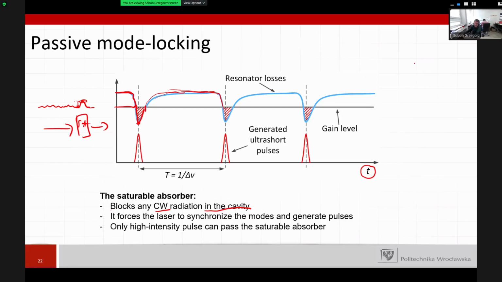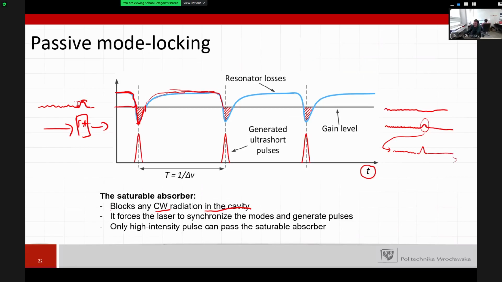And this process is starting from noise, as I said. So at the beginning, we have noise in our laser because we have just spontaneous emission. But it might happen that there are some spontaneously generated peaks in this noise. So this peak of the noise will be transmitted through the saturable absorber, and in the next round trip, it will be amplified, and again it will experience less losses when it passes the saturable absorber.